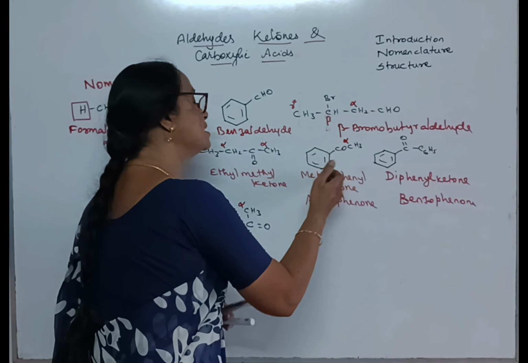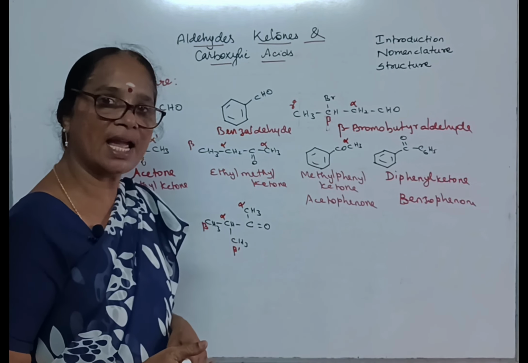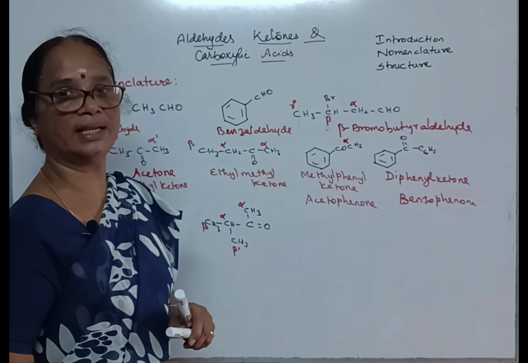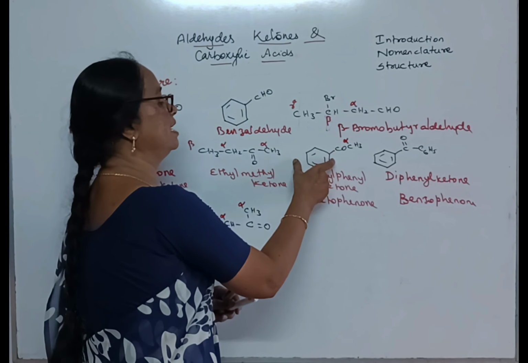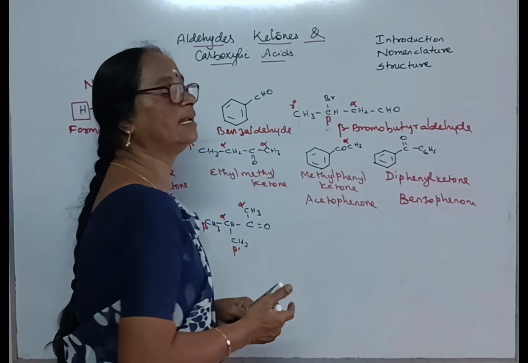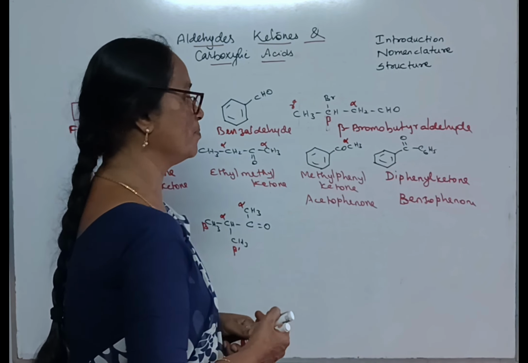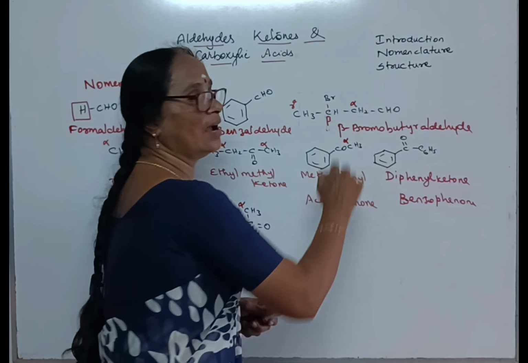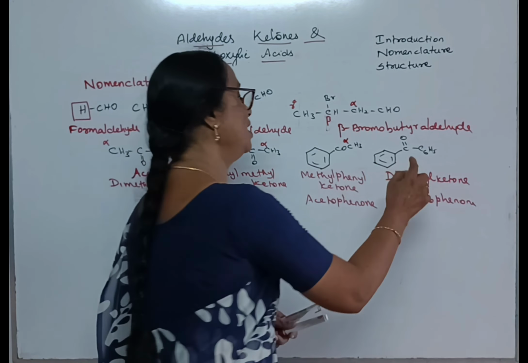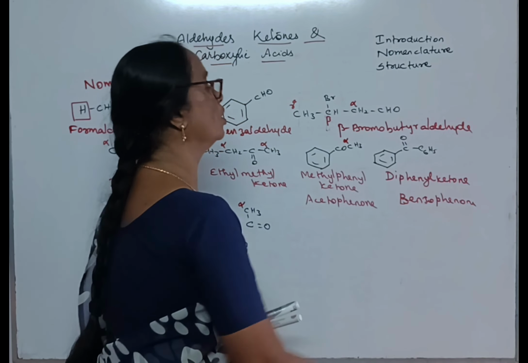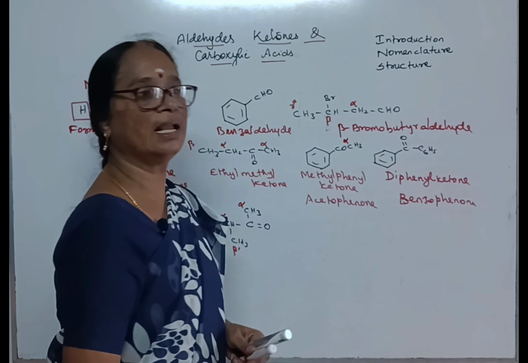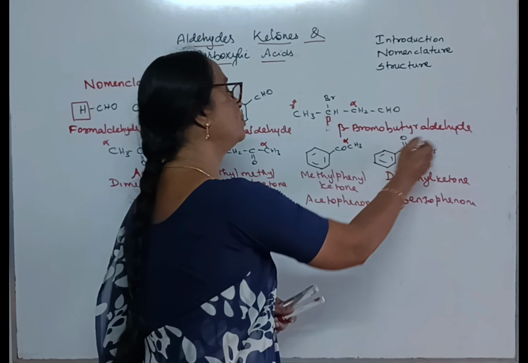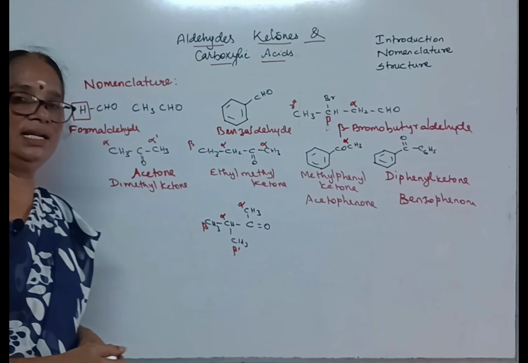So among these 6 CH groups, we can't differentiate as alpha or beta. So in a benzene ring, you can't designate them with alpha, beta, gamma. But the CO group has a methyl group, so this has an alpha carbon. Similarly, in diphenyl ketone, both are benzene rings and it cannot have alpha, beta carbons as their positions are identical to each other.